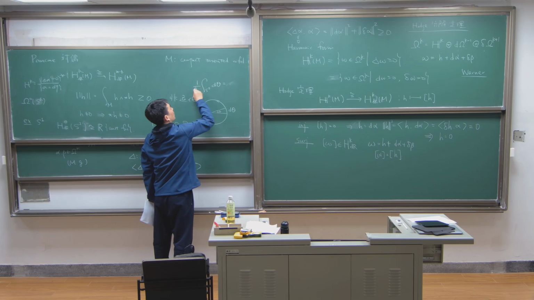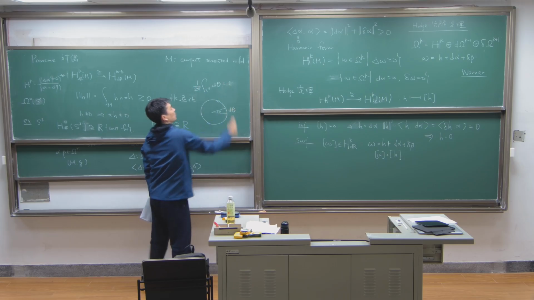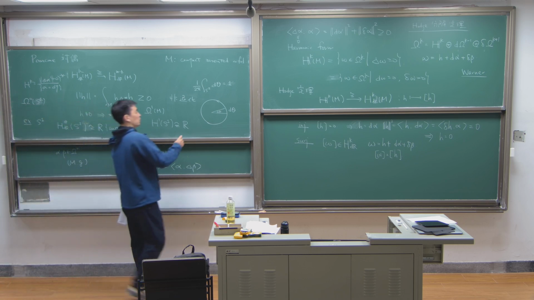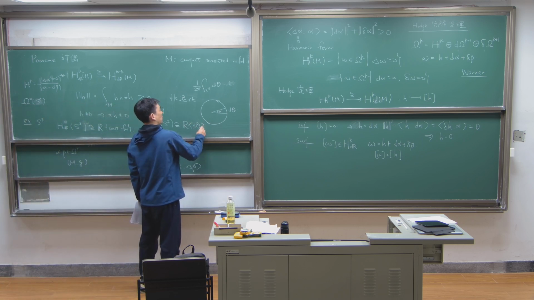So we will... this is the volume form. A volume form always represents the top de Rham cohomology class, the representative of the top form. So this is spanned by detail.